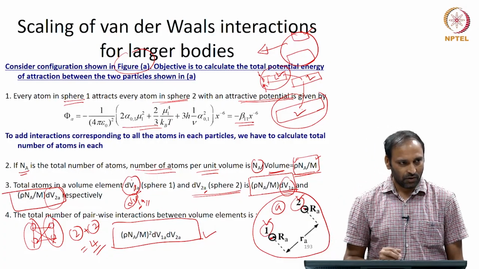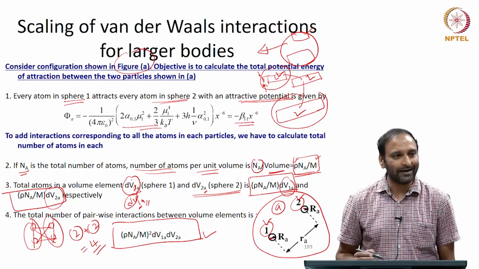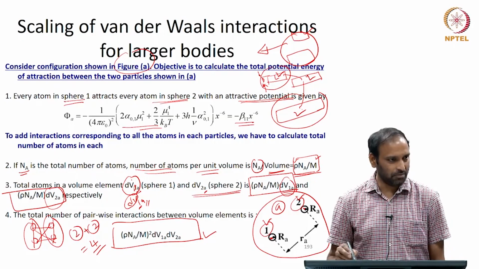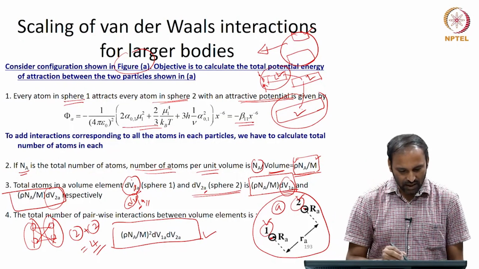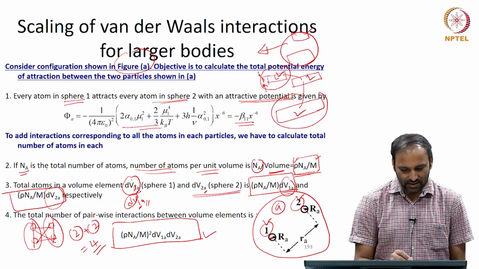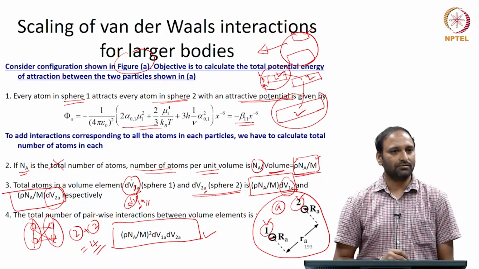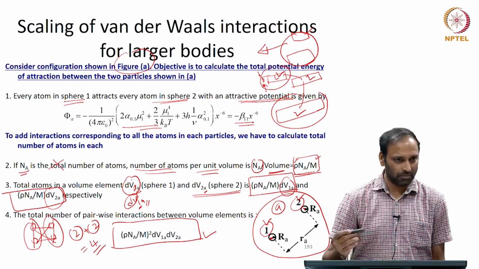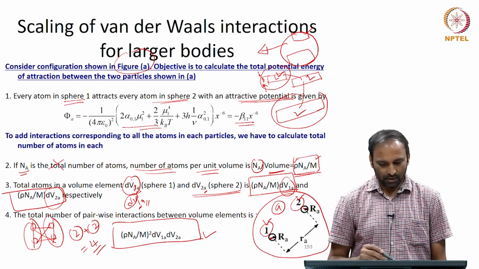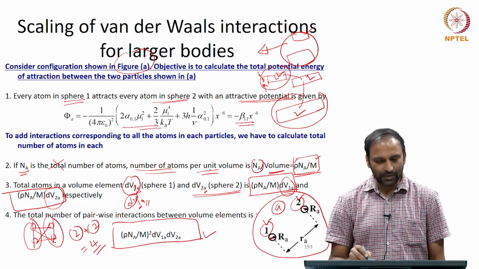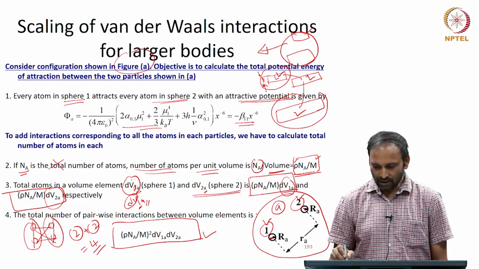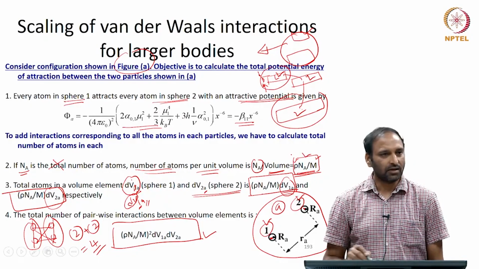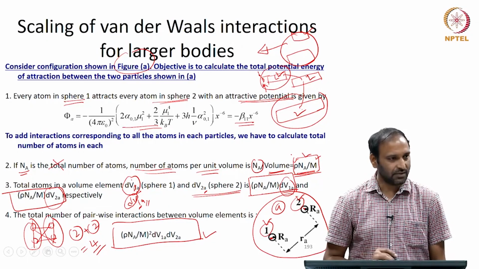So, all I am trying to do is define a quantity called number of atoms per unit volume. You can say that N_A is the number of atoms in a given volume. Therefore, you can define the number of atoms per unit volume, that will be this quantity, and because the compositions are the same, this is going to be the same for all the particles that we have considered. Is that okay?